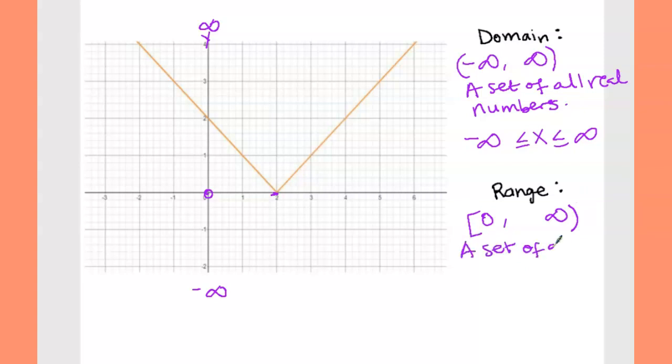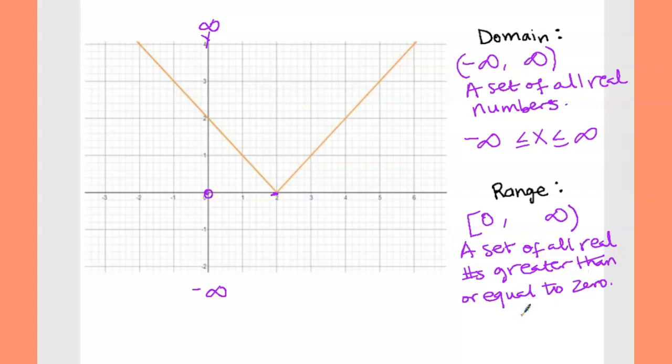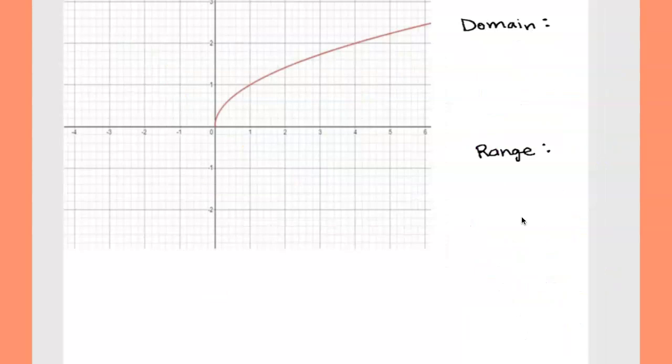It is a set of all real numbers greater than or equal to 0. In other words, it's the y, so we want to put the y here, and it's positive infinity and 0. So it was greater than or equal to 0, and it was less than or equal to positive infinity. In other words, we can also write it this way, that it was greater than. If you don't want to bring the infinity part of it, you can also write it this way, and this is also accepted.